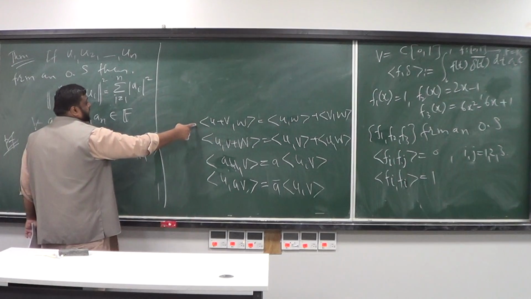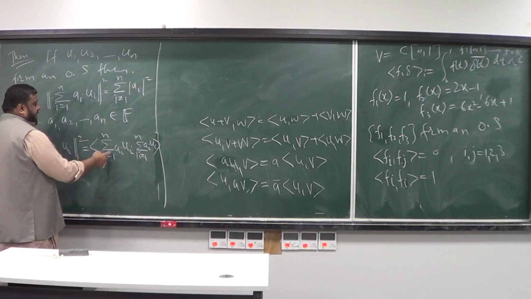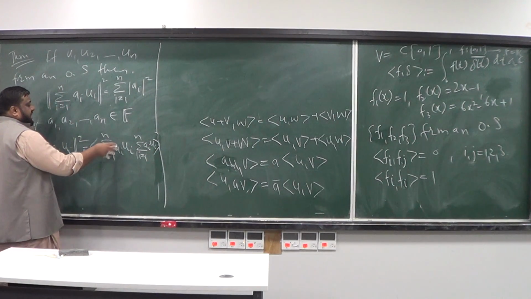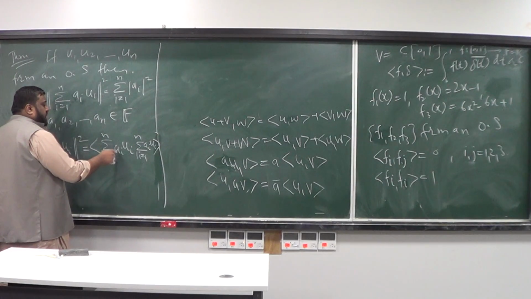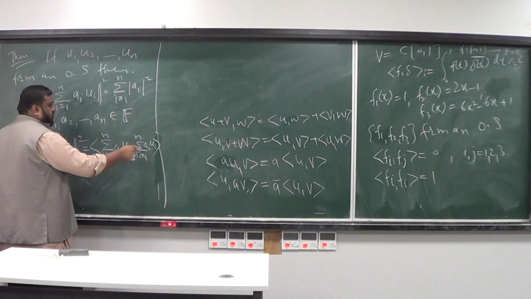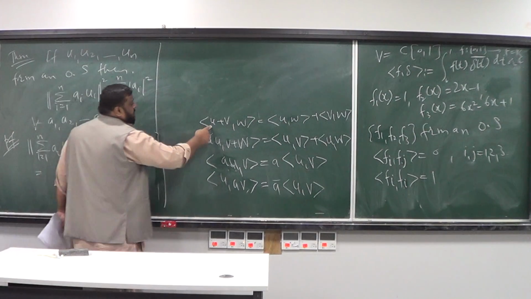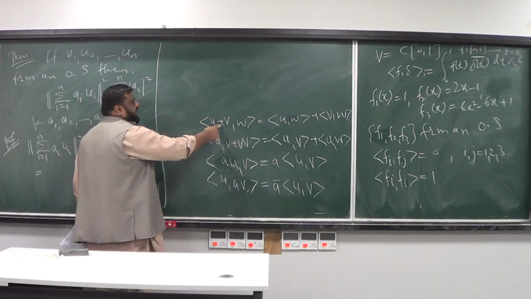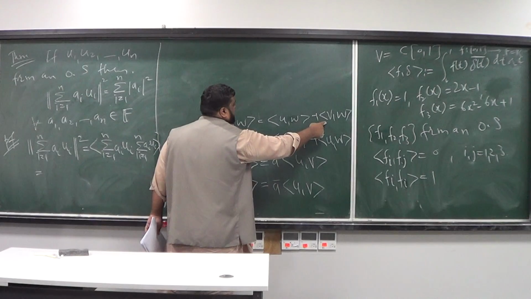So I'm going to use this. By this first property, I can pull this sum out. So in other words, I have a1 u1 plus a2 u2 plus so on and so forth. So the sum in the first coordinate can be written as a sum.